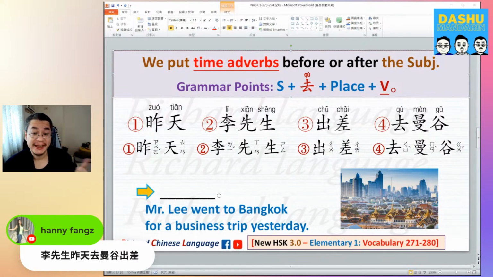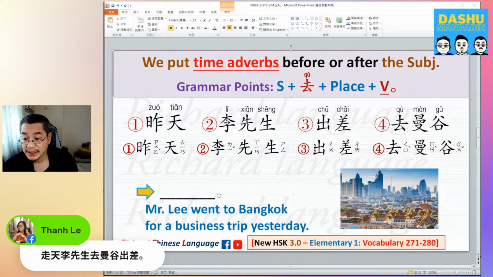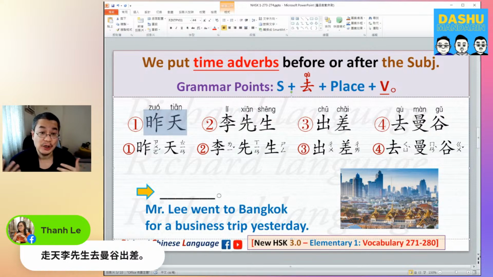Very good. 昨天李先生去曼谷出差. So here, let's talk about where we should put 昨天 in Chinese. Since I have said we put time adverbs before or after the subject, we can say 昨天李先生 and we can also say 李先生昨天. Either way is okay. Either way is correct.